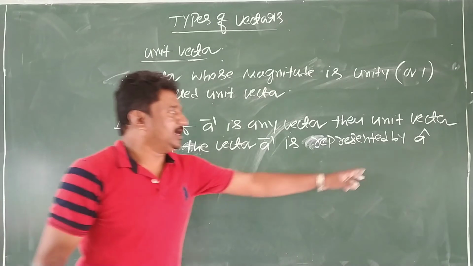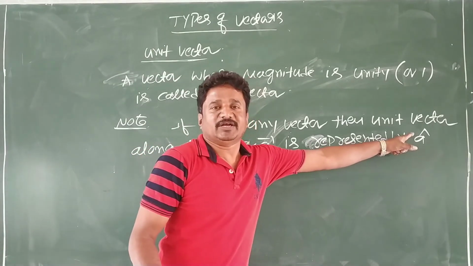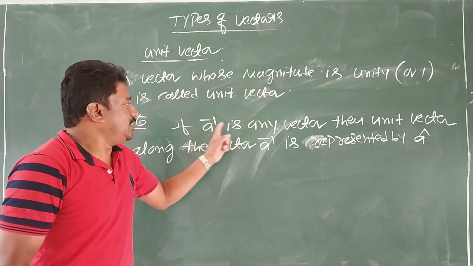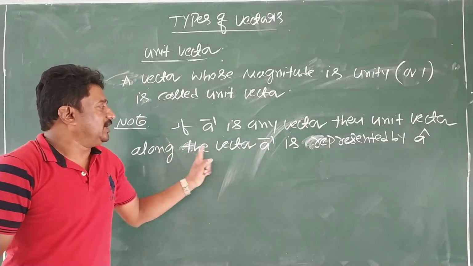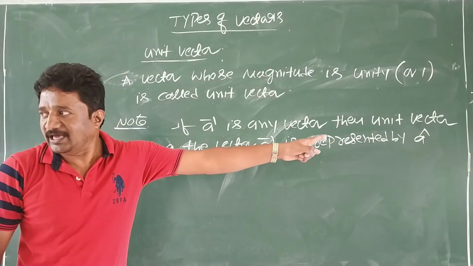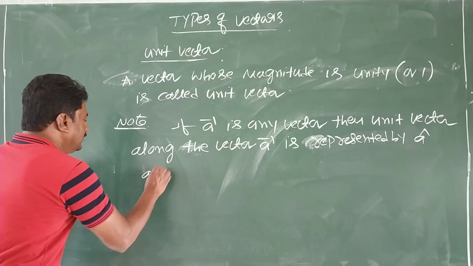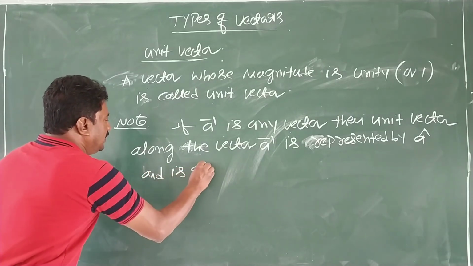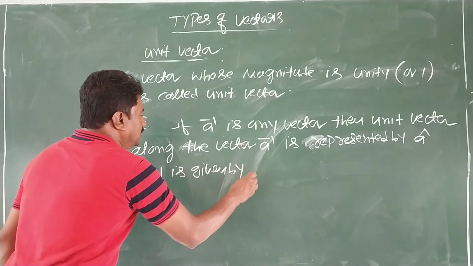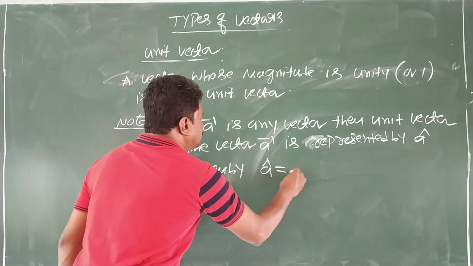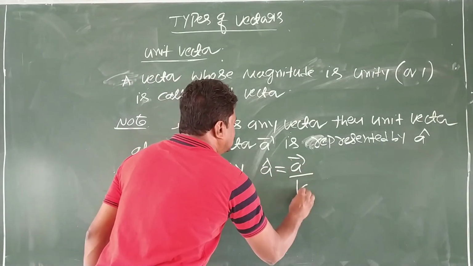A cap means we represent the unit vector by A cap. So if A is any vector, then the unit vector along the vector A is represented by A cap and is given by A cap equal to vector by its magnitude.